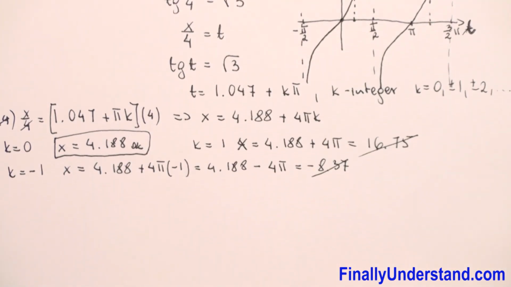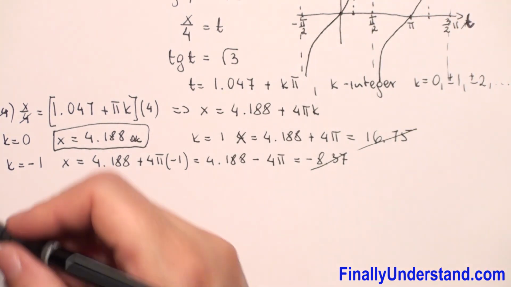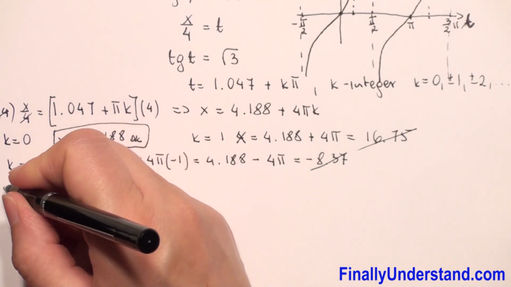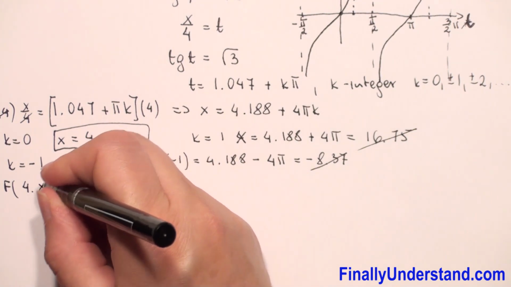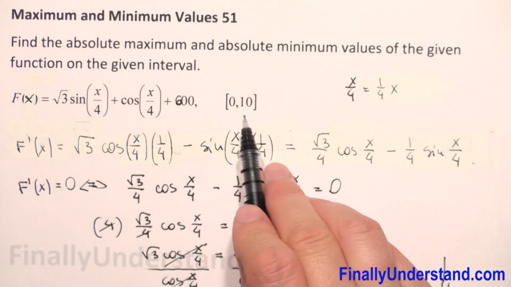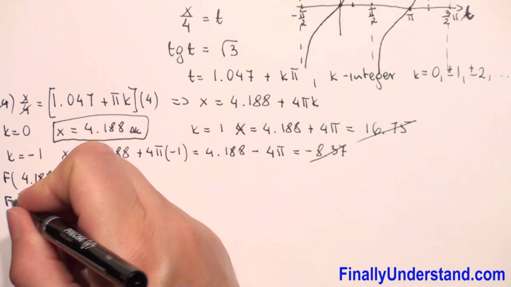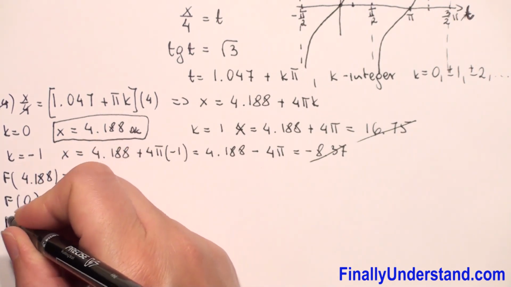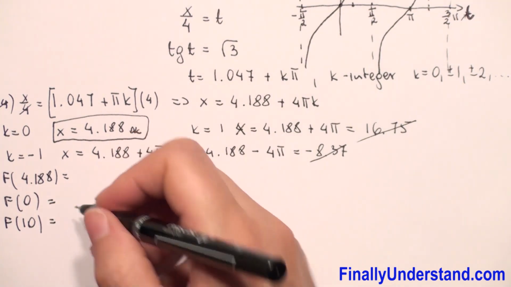We have to find the value of our function for this critical point and for endpoints. So we have f of 4.188, and endpoints are 0 and 10. f of 0 and f of 10 we have to calculate.